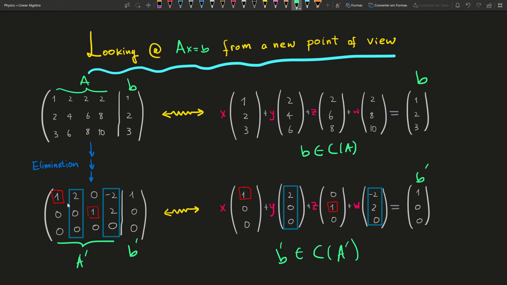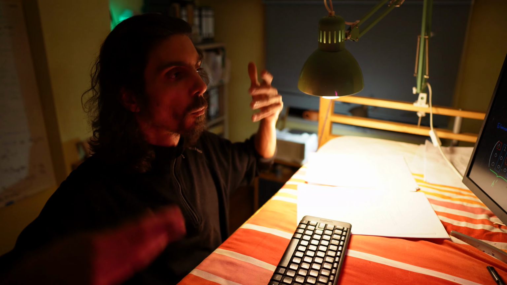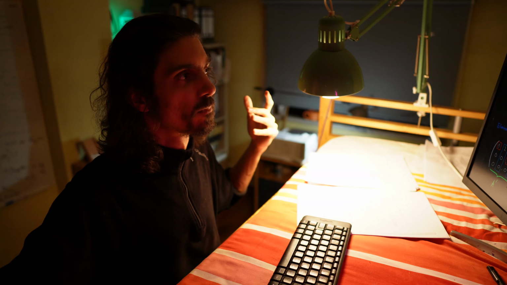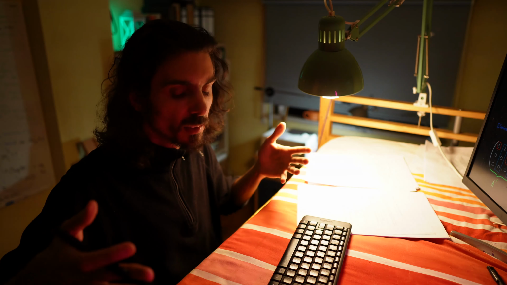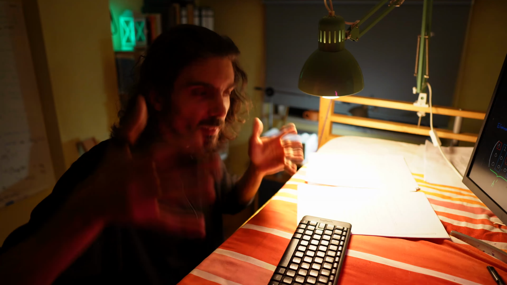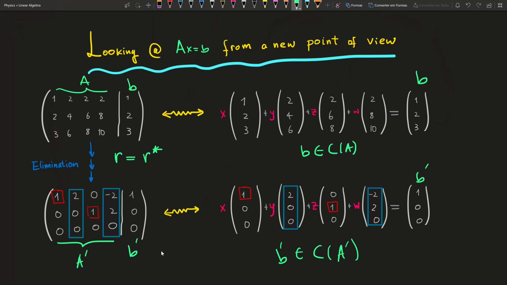So the idea that b belongs to the column space of A is the same thing as saying that the rank of A is equal to the rank of the augmented matrix with b. b does not introduce a new pivot. It's dependent on the columns of A. Similarly, the rank of A prime is also the same as the rank of the augmented matrix.